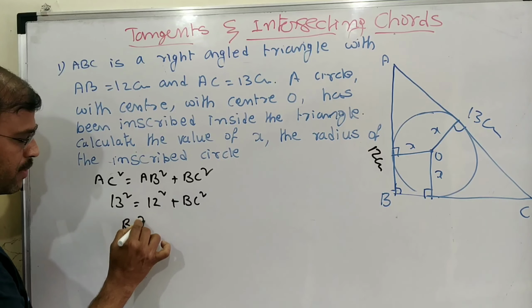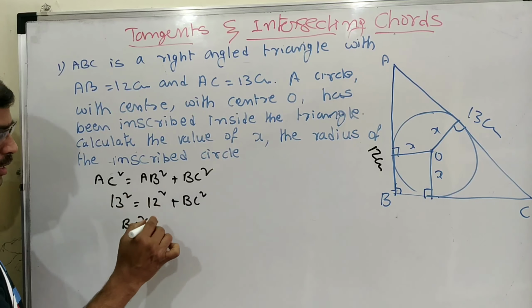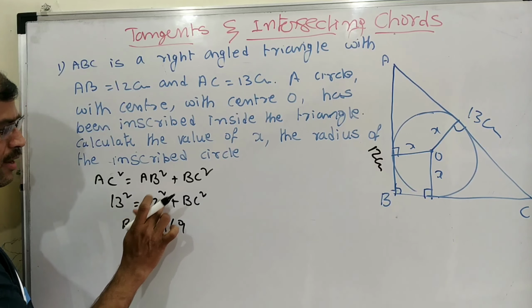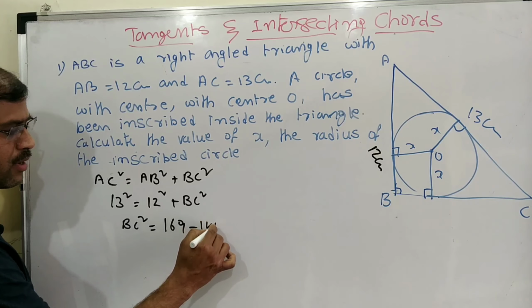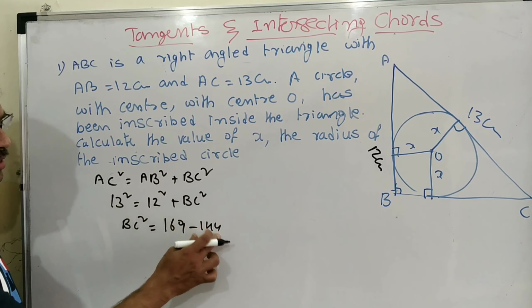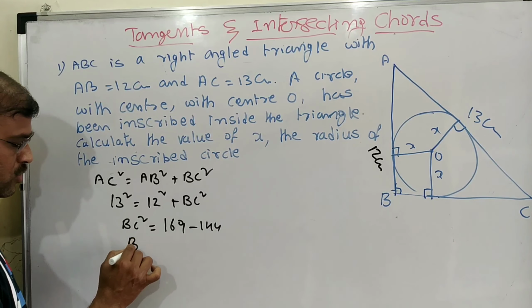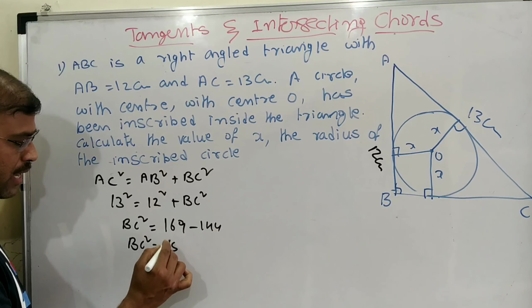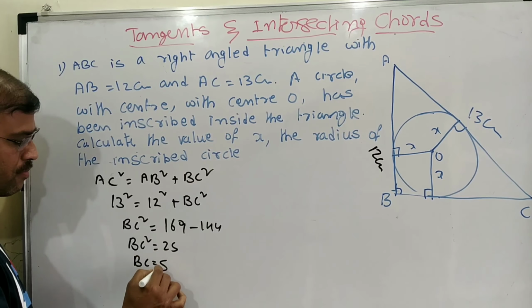So BC square equal to 13 square minus 12 square. 13 square is 169, 12 square is 144. So BC square equal to 25. BC equal to 5 centimeter.